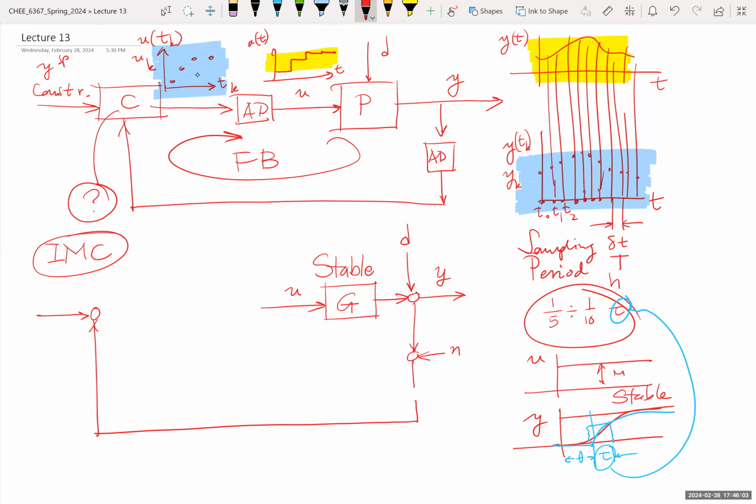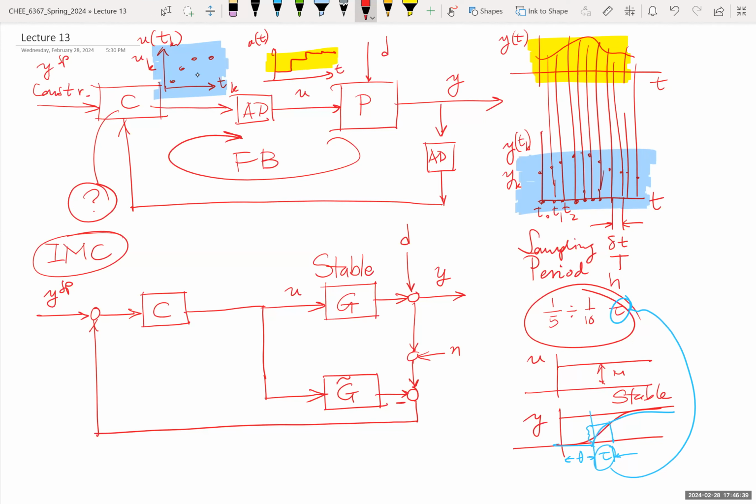We compare this to the set point, and we put the controller, and we say this is the feedback loop. But we also explain that we can take this signal, pass it through a model, G tilde, subtract this from the measurement, and then feed that signal back.